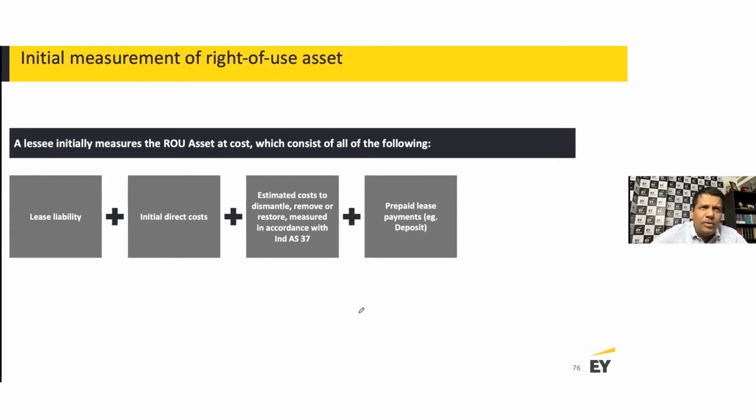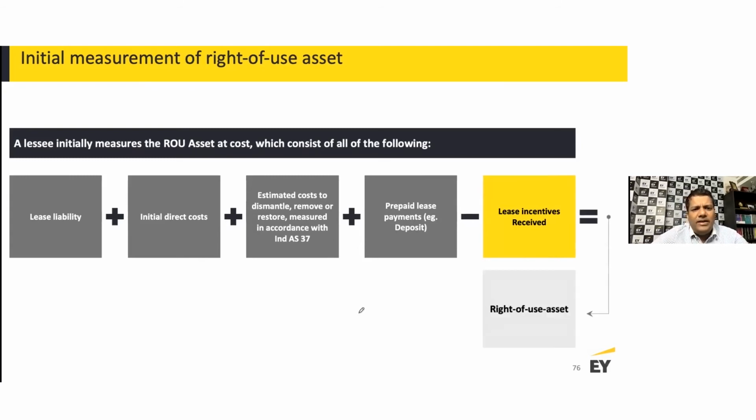Normally with a deposit, let's say you've given an interest-free deposit. You will discount it to the present value, and the difference between the present value and the gross amount which you paid gets added to your right of use asset, minus any lease incentive received, which you of course need to reduce.